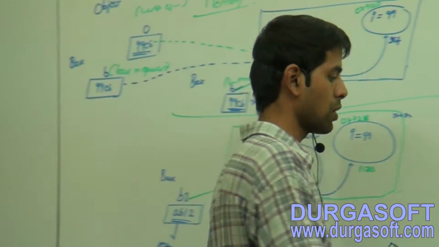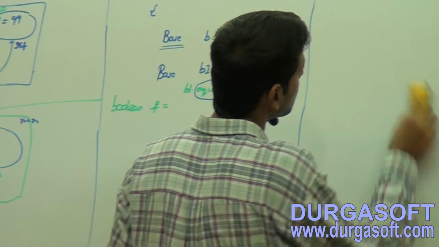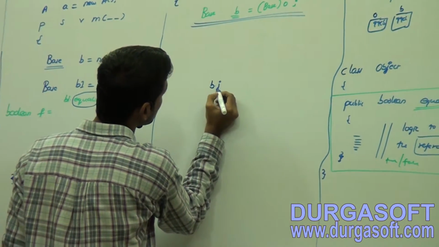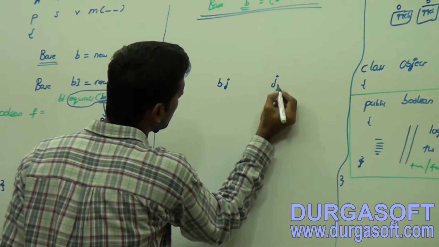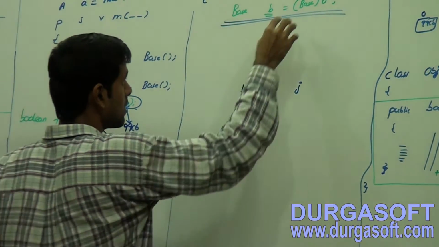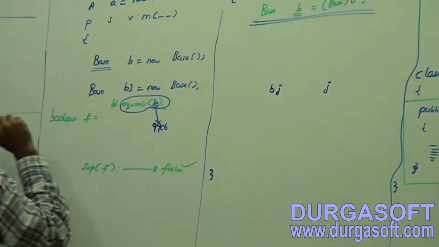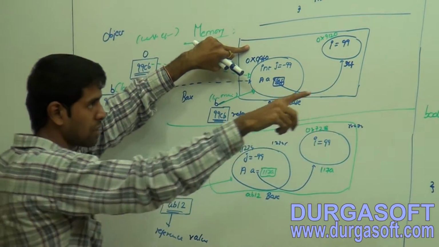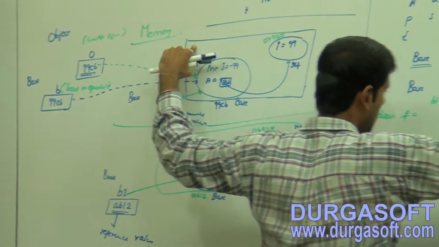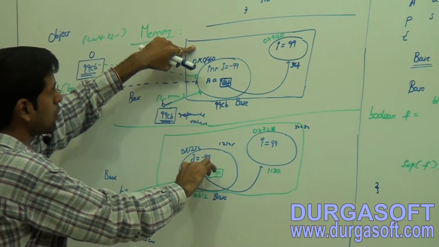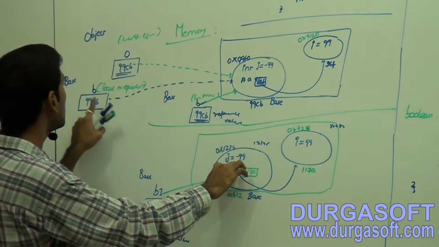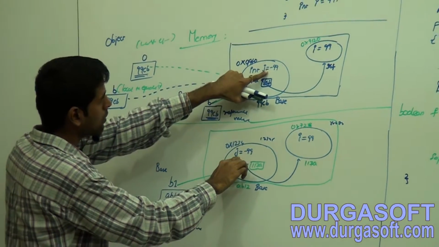Okay, now observe here. If it is within the current class, you can use the variable directly. Now this b is referring to this object, and this j refers to what? This object's value, this o, that is b refers to this object. I have taken b dot j and I have taken j.